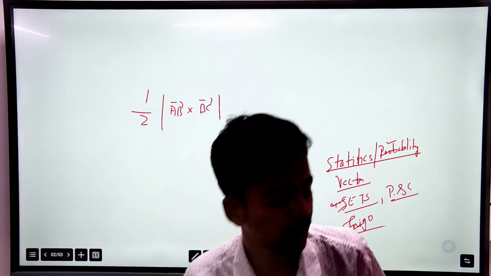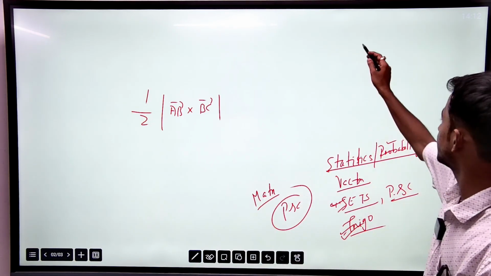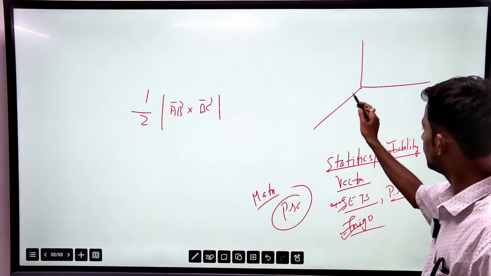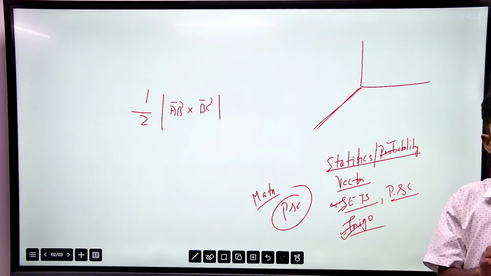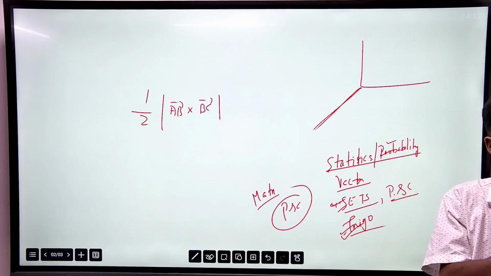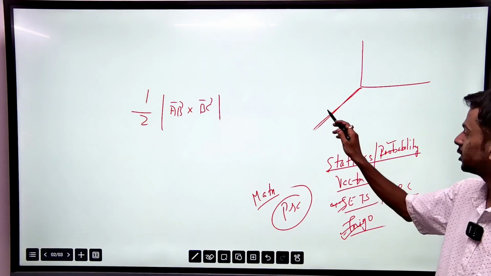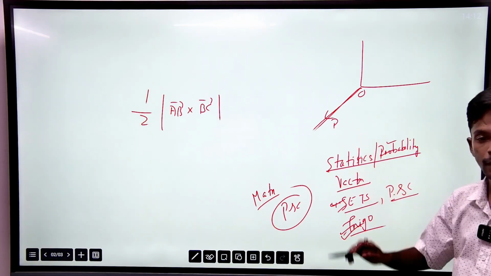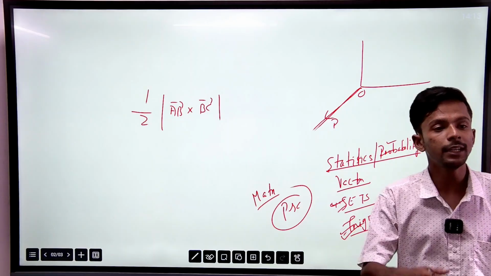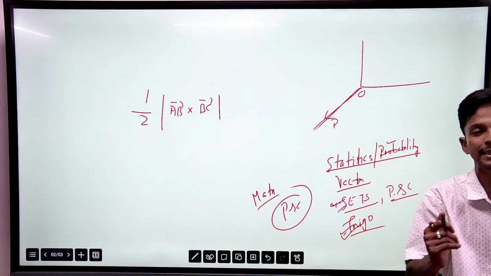Now, when you talk about the x-axis, this will be my x-axis. So when you talk about the direction cosine of x-axis, you have to take the position vector on the x-axis itself, right? So this will be my position vector, suppose OP. Now, if I'm talking about the direction cosine for x-axis, I have to imagine that my position vector is lying on the x-axis.